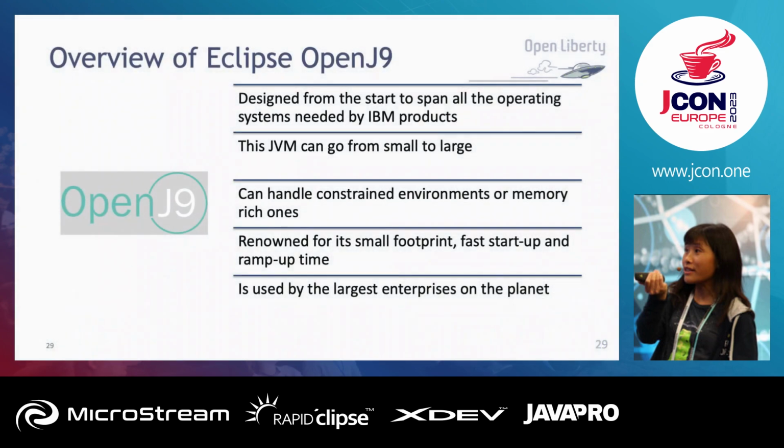However, in 2018, after more than 10 years of IBM getting into open source a lot, trying to open up in-house projects, IBM also open sourced IBM Java to the Eclipse Foundation, called OpenJ9.